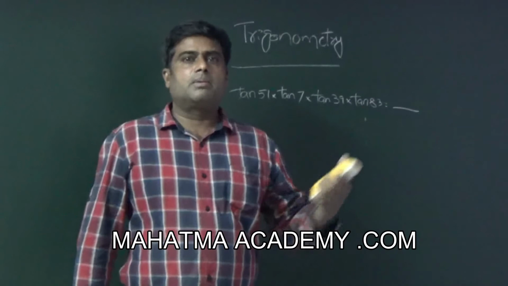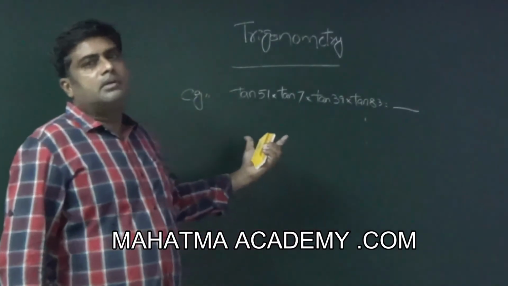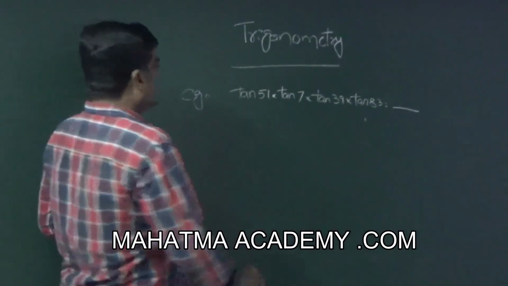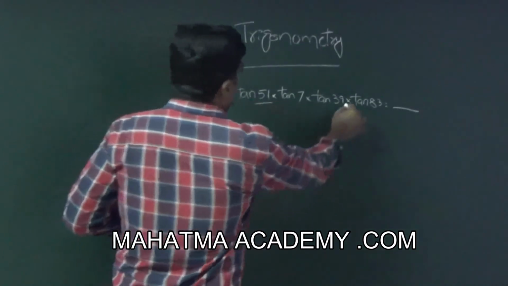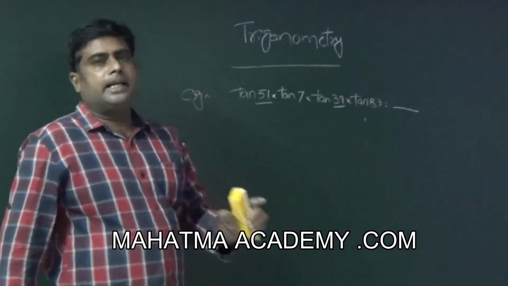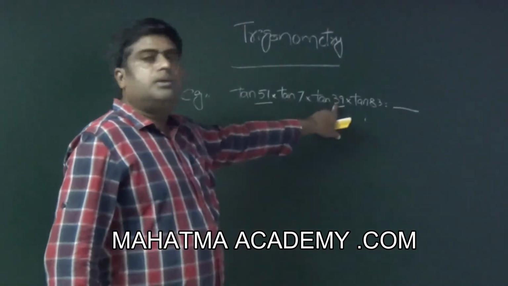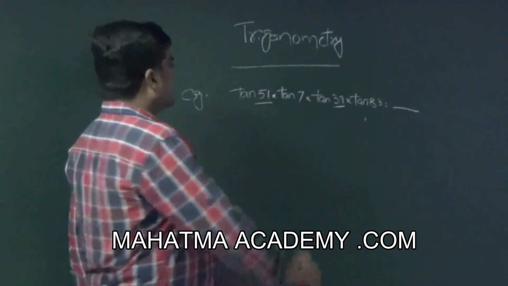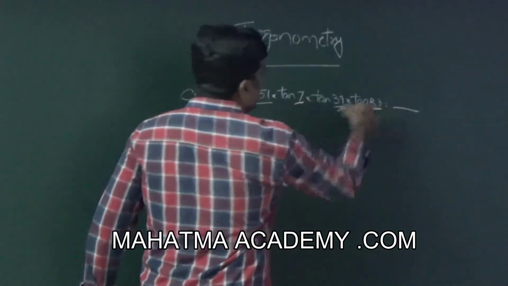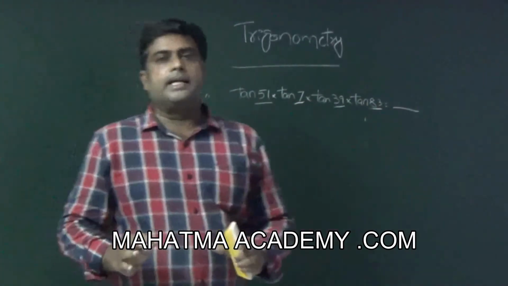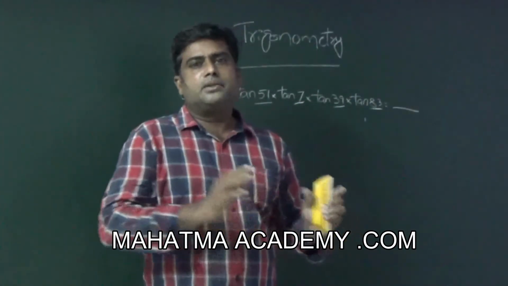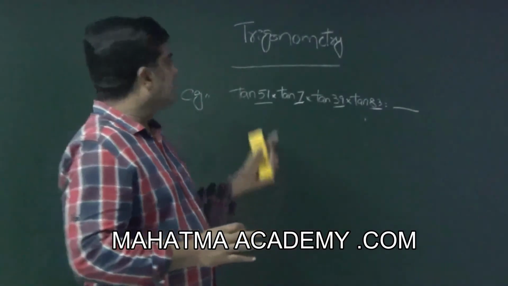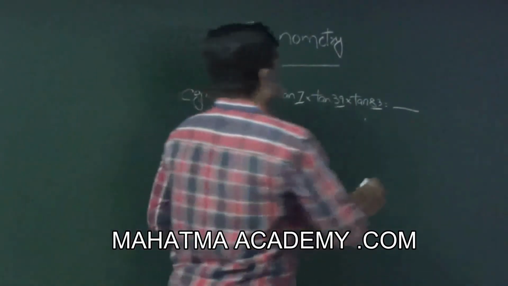Based on that formula, we can simply solve this problem. 51 plus 39 is 90, so tan 51 into tan 39 equal to 1. 7 plus 83 equal to 90, therefore tan 7 into tan 83 equal to 1. So, 1 multiplied by 1 is 1.